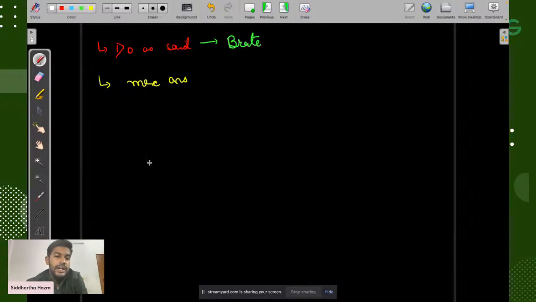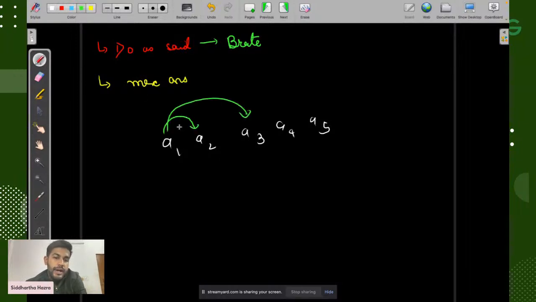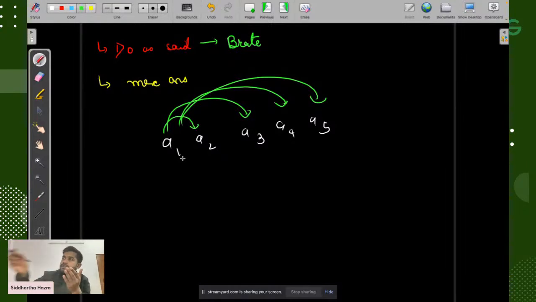Basically how we are doing it, suppose we have a1, a2, a3, a4 and a5. For one value we can run a loop from i plus 1 to the end itself. For the next value we are going till the end. So for one value we are doing n minus 1 operations, so approximately n operations.